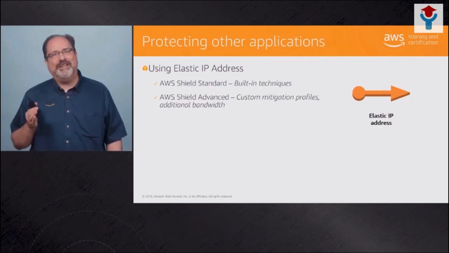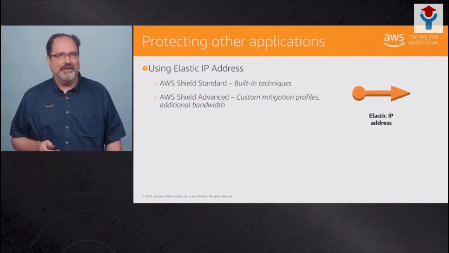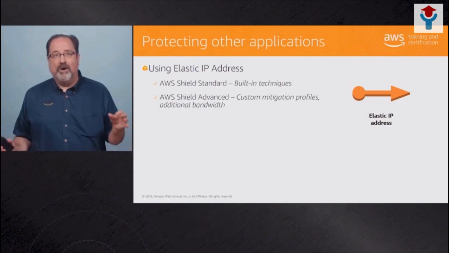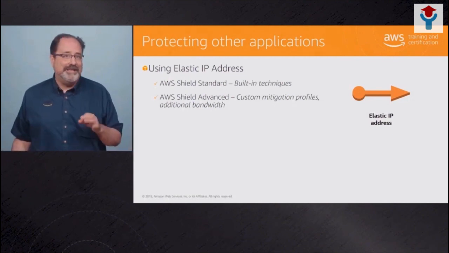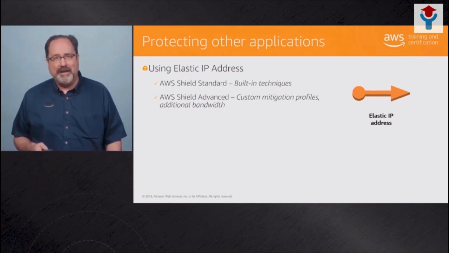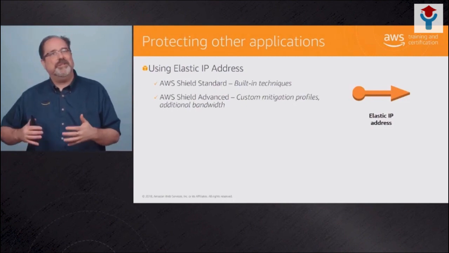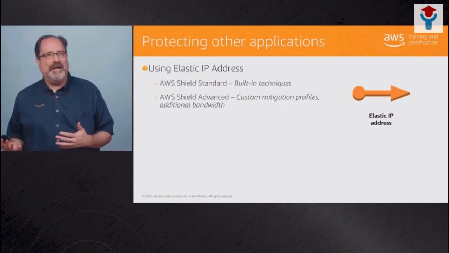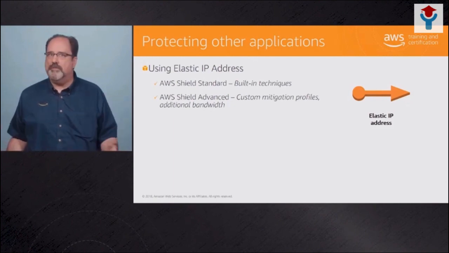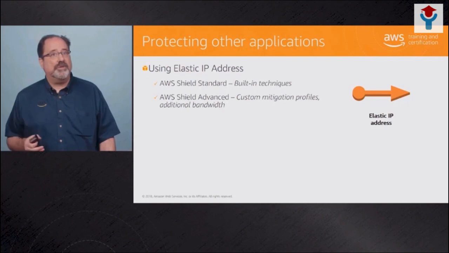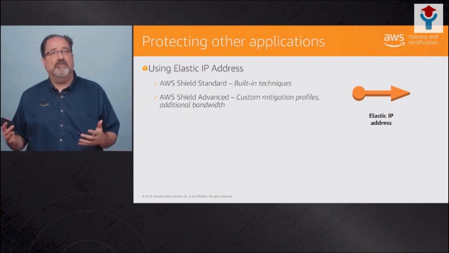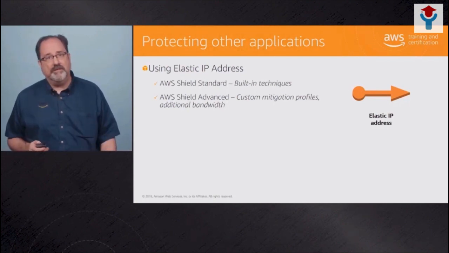You can create custom mitigation profiles, and during an attack, all of your Amazon VPC network access control lists, or ACLs, are automatically enforced at the border of the AWS network, giving you access to additional bandwidth and scrubbing capacity for volumetric DDoS attacks. The advanced tier also protects you against SYN-ACK attacks and other vectors such as UDP floods.